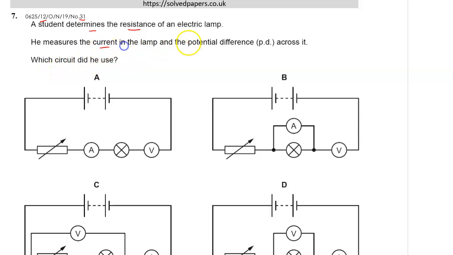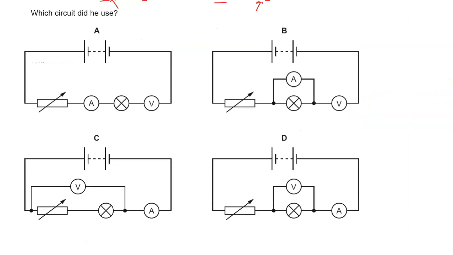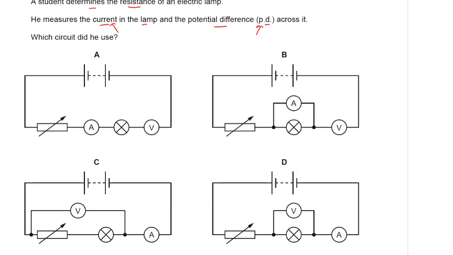So the ammeter should be in series with the lamp, and the voltmeter to measure PD should be across the lamp. You know that. So look at the multiple choice here.